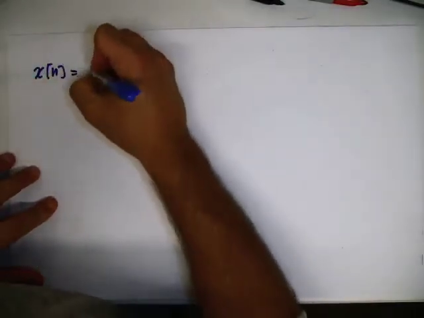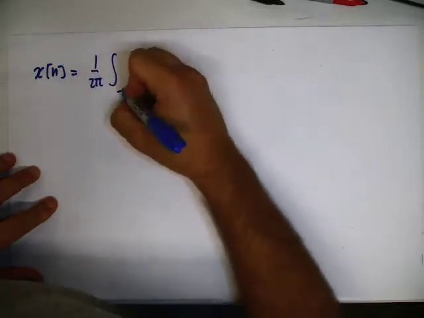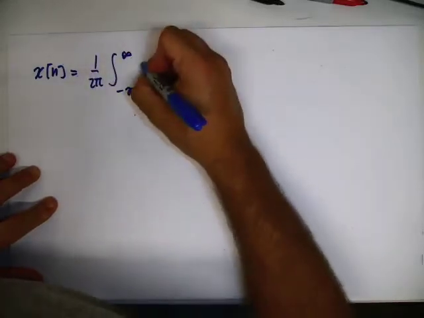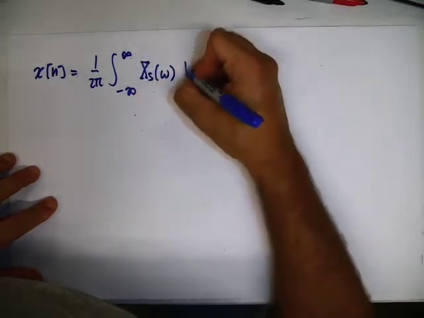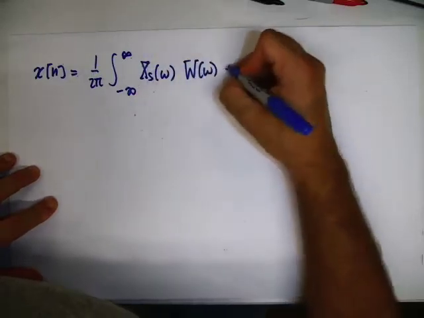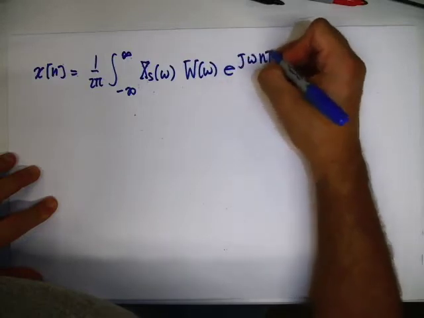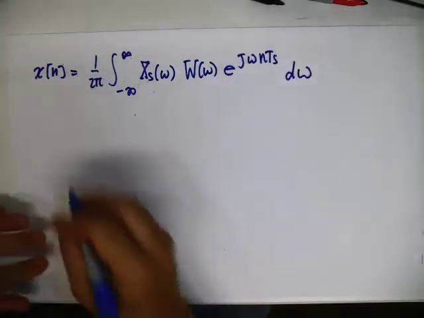Alternatively, you can define the sinc function in time, right? So x of n is equal to 1 over 2 pi, integral from minus infinity to infinity of xs of omega w of omega e to the j omega n ts d omega.